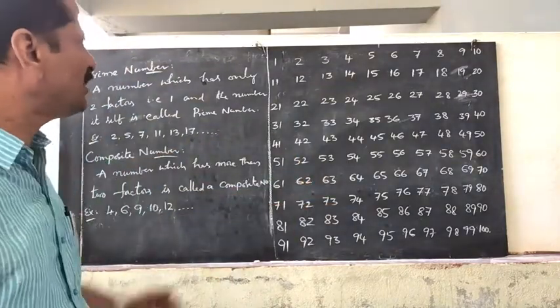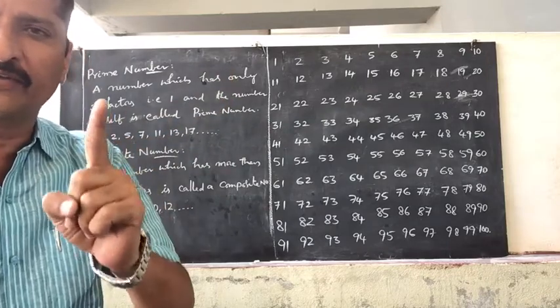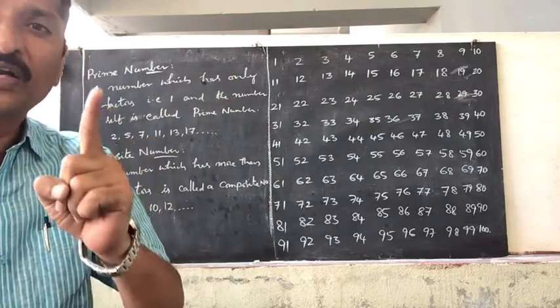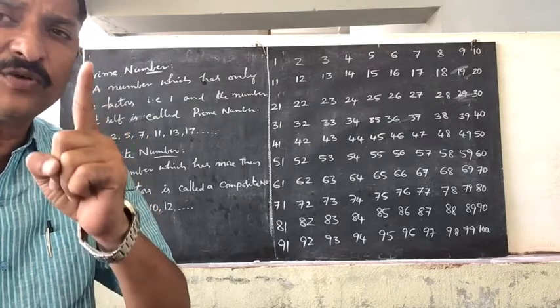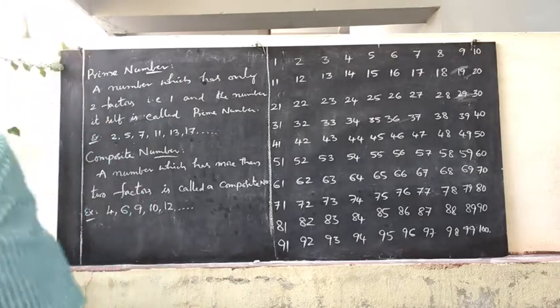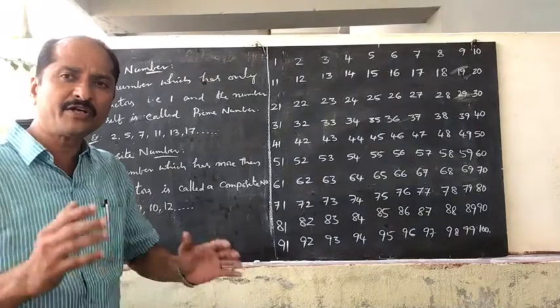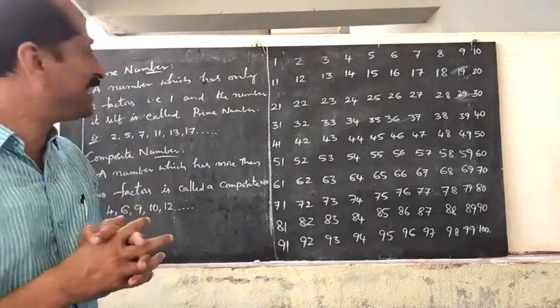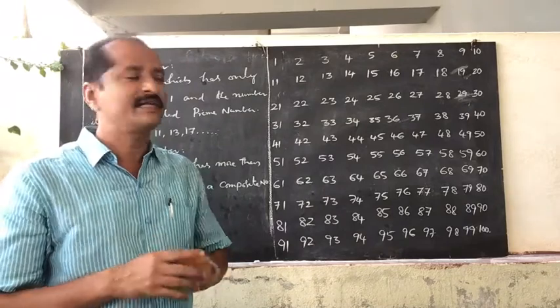So the first number 1 has only one factor. One factor means what can you say? If a number has only one factor, whenever you are telling about the prime numbers, a number which has only one factor, that is 1.